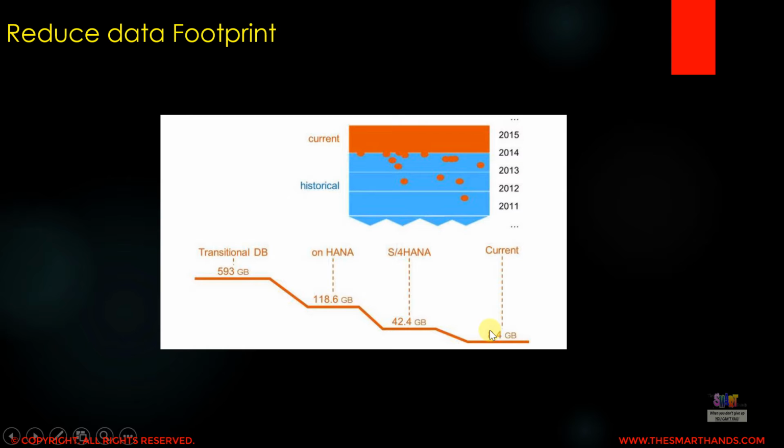So you can see it's a big difference: we consumed 593 GB of hard disk space, and now only 8.4, just because of the compression, just because of the column storage. So that's your reduced data footprint.